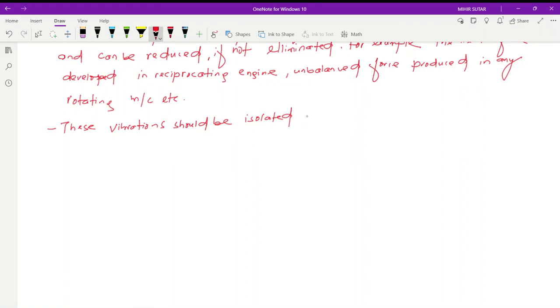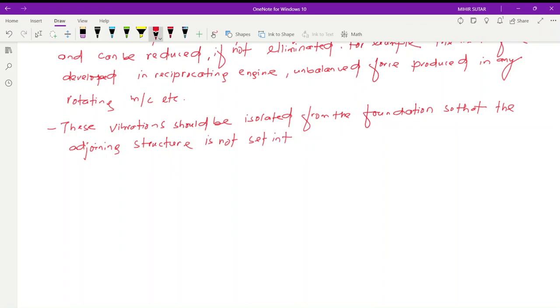From the foundation, so that the adjoining structure is not set into heavy vibrations.